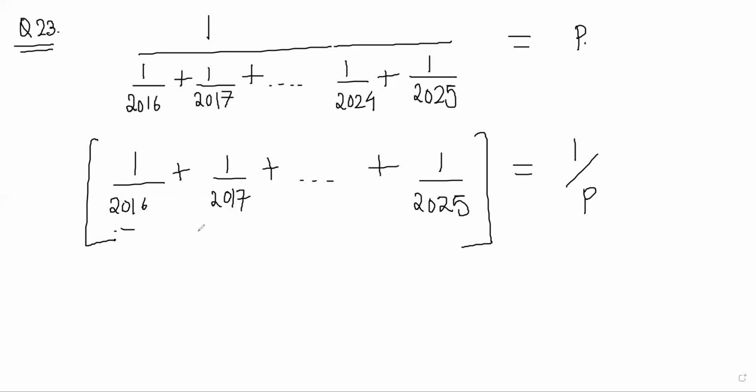There are actually 10 numbers here, right? 16, 17, 18, 19, 20, 21, 22, 23, 24, 25. 10 numbers are there. So pairs of 2 are possible. We just have to think about what is a good pair. Maybe some pairing can help us. If I do pairs like 16 and 25 and all, does it help? Doesn't seem like it is helping.